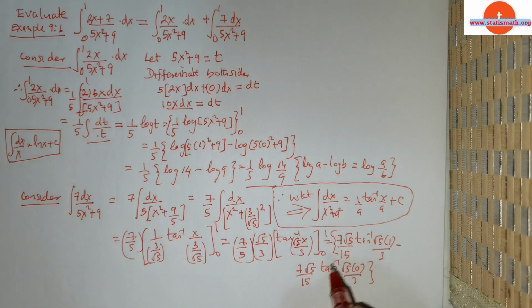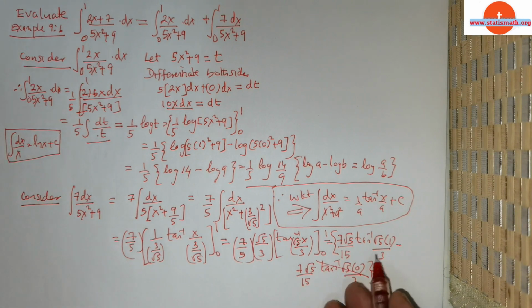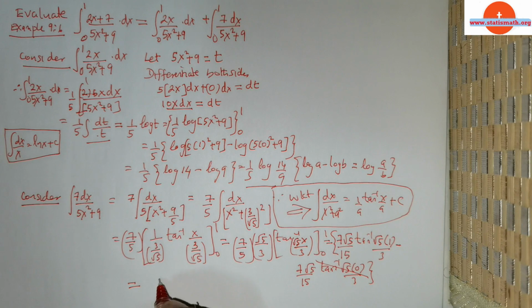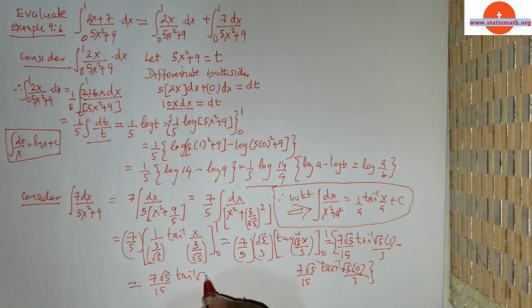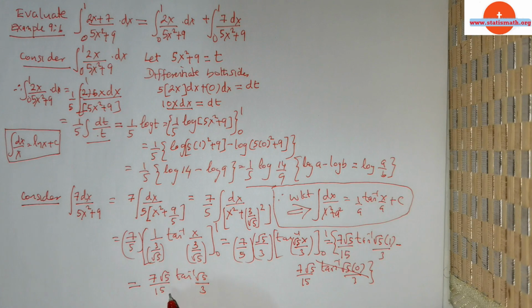So let me place it into parentheses. So this is what I'm getting. Of course the part with the root 5 times 0 would be zero, giving me 7 times root of 5 divided by 15 tan inverse of root of 5 divided by 3. So this is what I get for the second part.